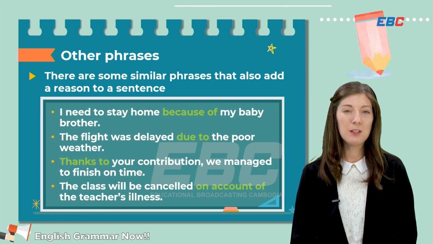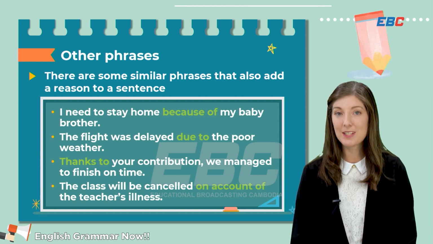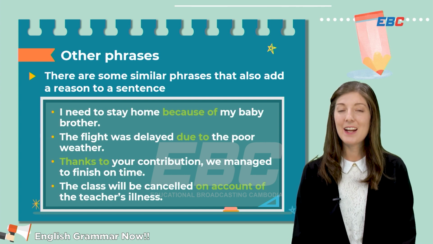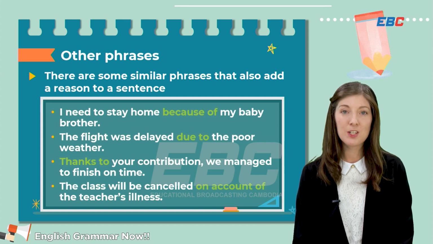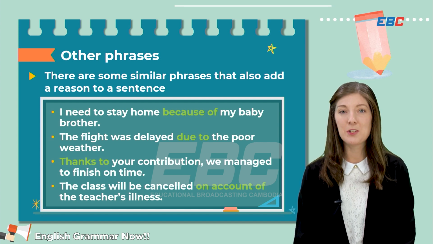Now there's a couple of other phrases that we can also use to add a reason into our sentences. Here's what they might look like. I need to stay home because of my baby brother. The flight was delayed due to the poor weather. Thanks to your contribution, we managed to finish on time. The class will be canceled on account of the teacher's illness.